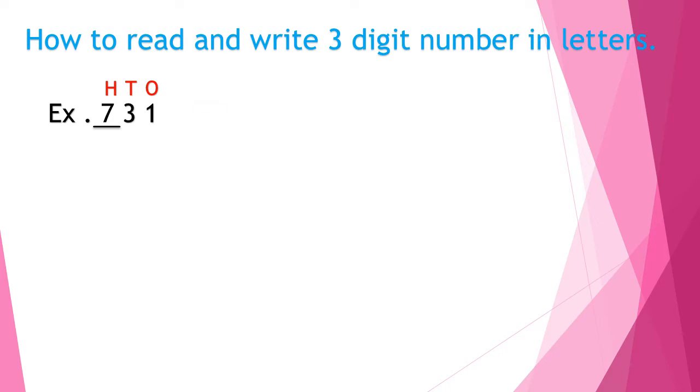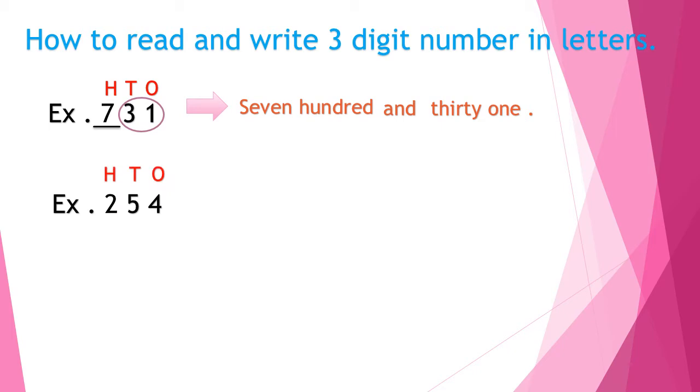So, it's 700. We can't say 7 only. We must say 700. And we will read the rest as one sentence, as a family. So it means 31. Then this number is 731.